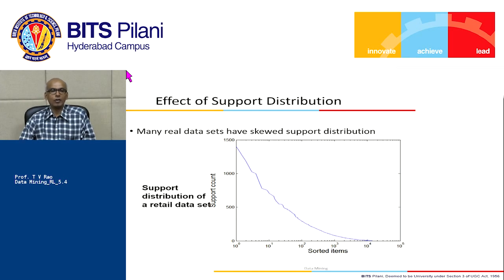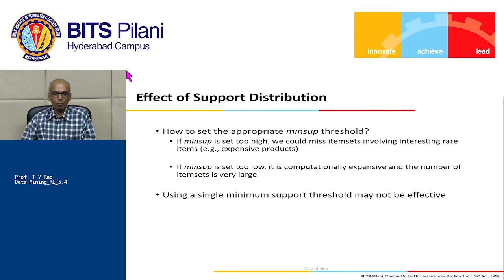So for that reason, they do not like to have a uniform minimum support. And there is another reason: generally the expensive products are sold less frequently than the inexpensive products. And as we know, the shop or the retail chain or whoever is interested in studying the sales pattern has higher interest in finding out about the movement of the goods which are expensive.